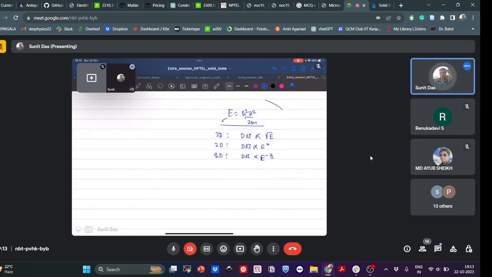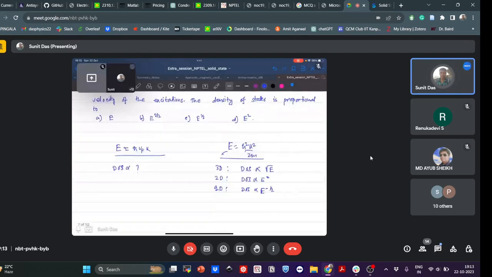So this was for the parabolic. Now the dispersion relation itself changes, h bar Vf k. So now how do I find the DOS proportionality basically? So the answer is correct. It is proportional to energy, but how do I find this? That I want to know.